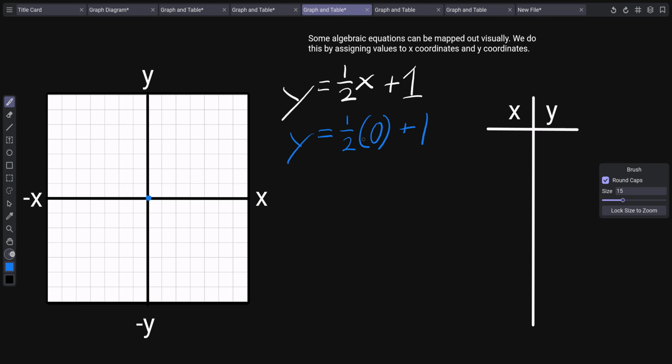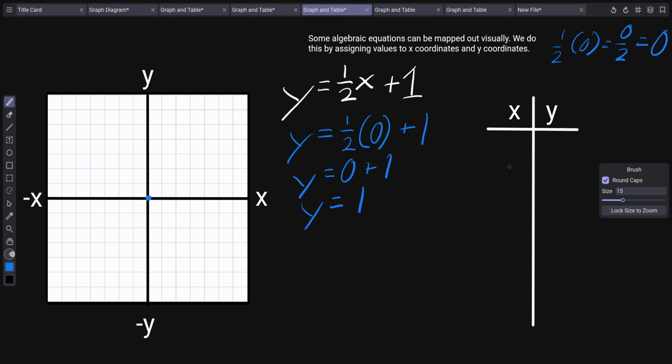Anything multiplied by 0 is 0; the process would be 1 times 0 over 2, which becomes 0. So that's 0 plus 1, and finally that gives you 1.